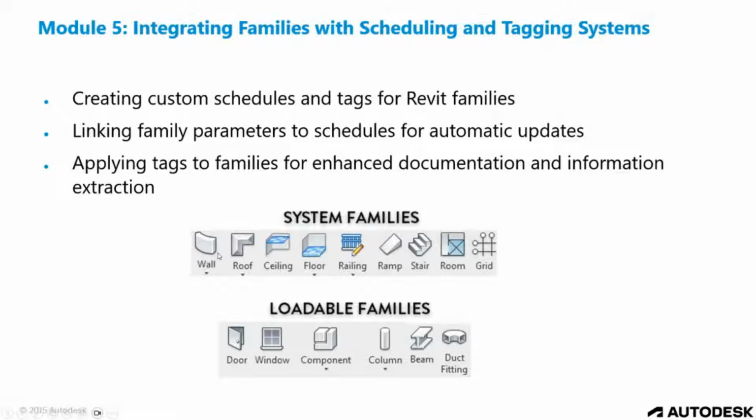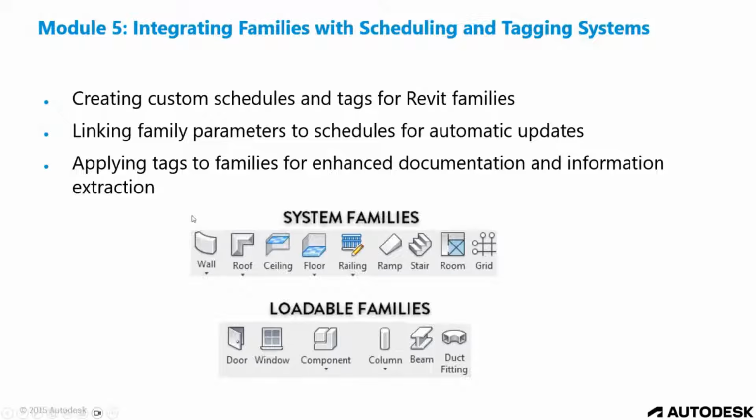We don't need to load them. They're already in there, but we can define their weight, their thickness, and some other information, such as walls, roof, ceiling, floors. Usually these are wall, ceiling, floors, roof. These are host families. Then we have railings, ramps, stairs, rooms, grids.